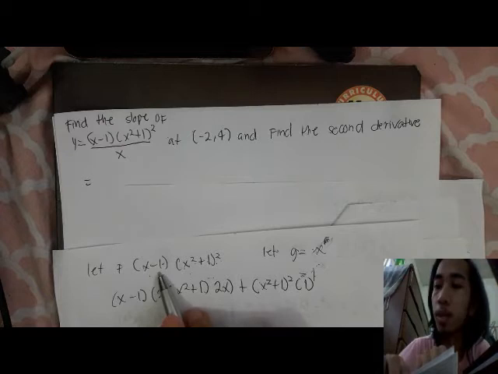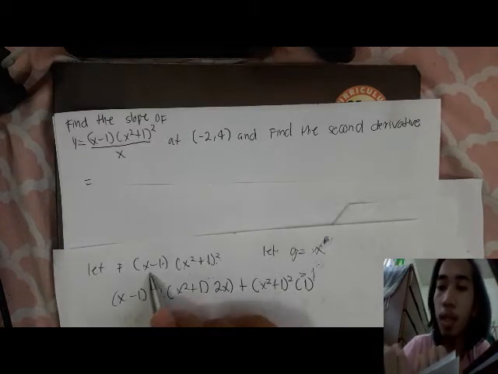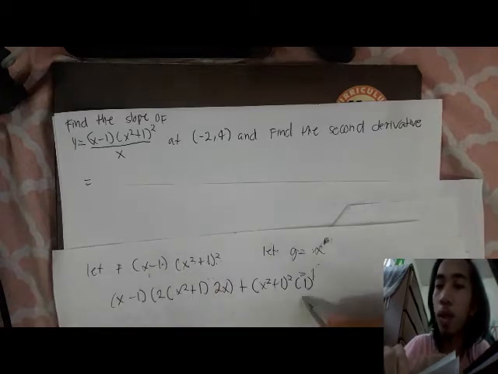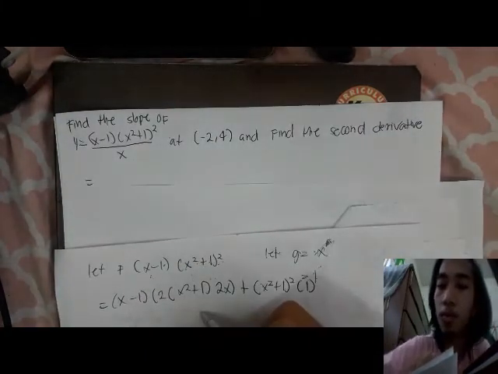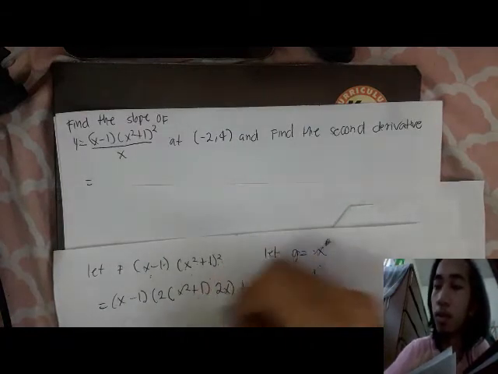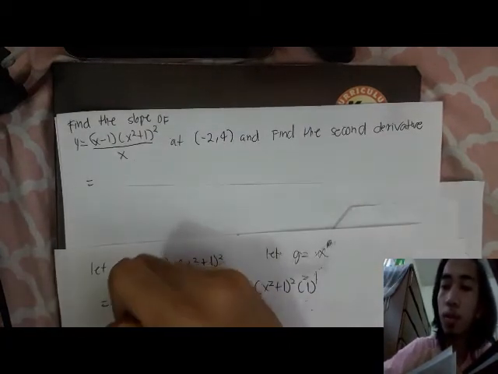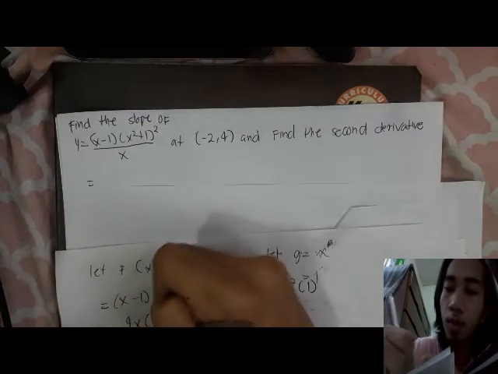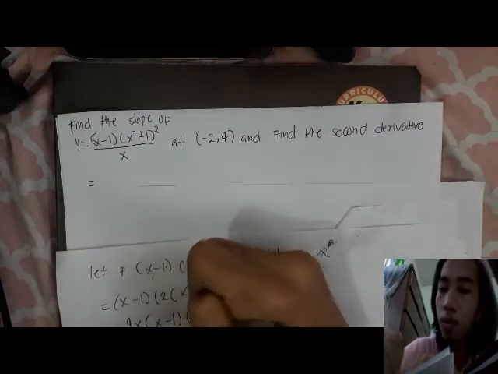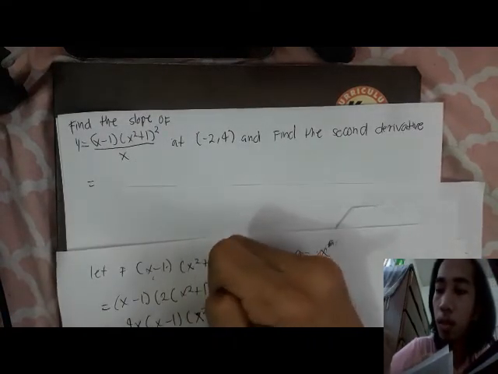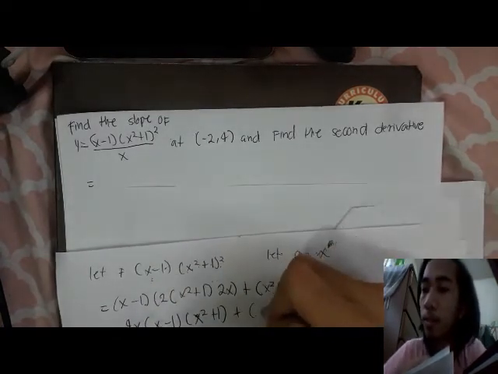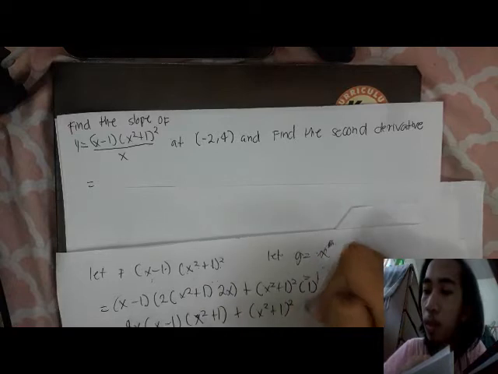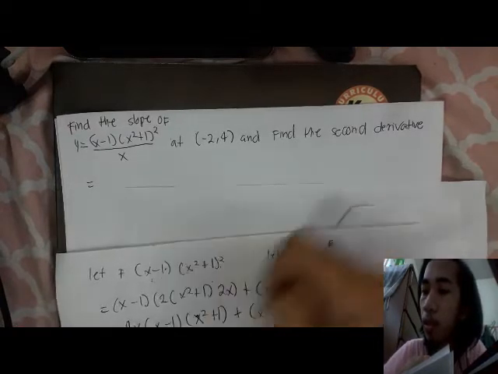Okay. Every constant number is equal to 0, tapos x ay nag-follow ng power rule, which is maging 1 ang kanyang value. So let's simplify muna natin, 2 times x minus 1 times x squared plus 1 times 2x, plus x squared plus 1 squared times 1, ganyan pa rin.